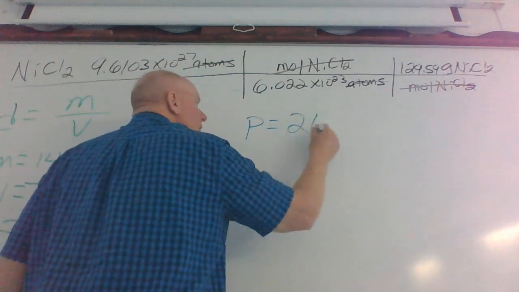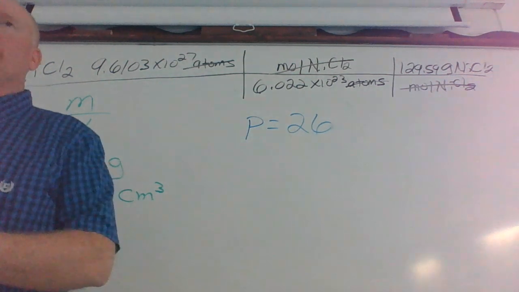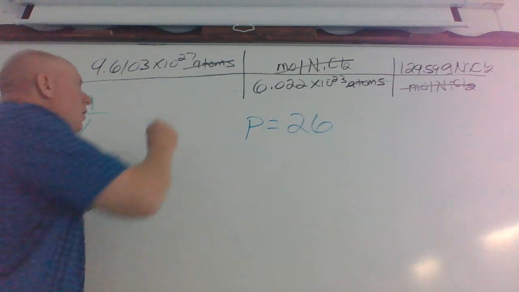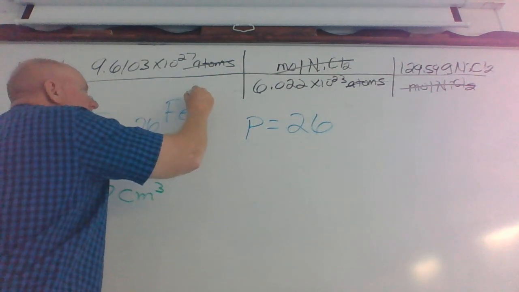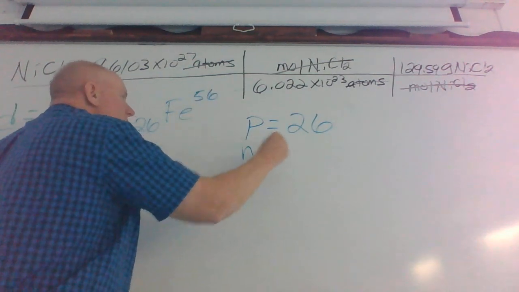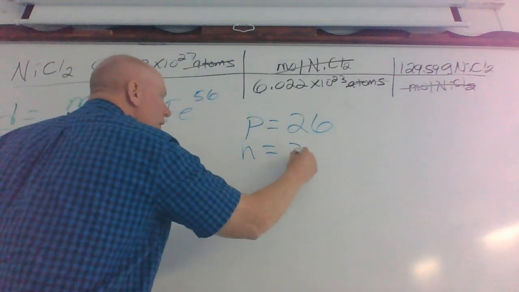Remember, the number of protons identifies which element you're talking about. So we say element 26, that's iron. We're going to say this is 56. How many neutrons does iron have? 30. You subtract this number from this one, that gives you 30.